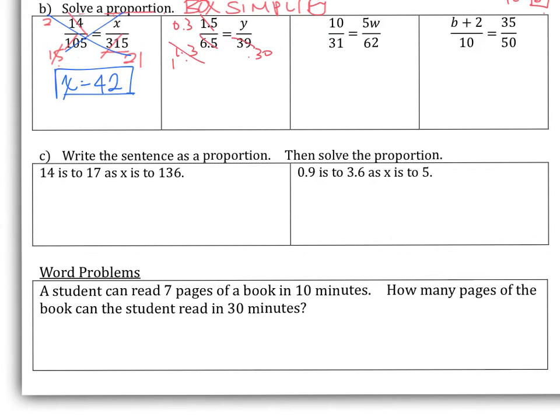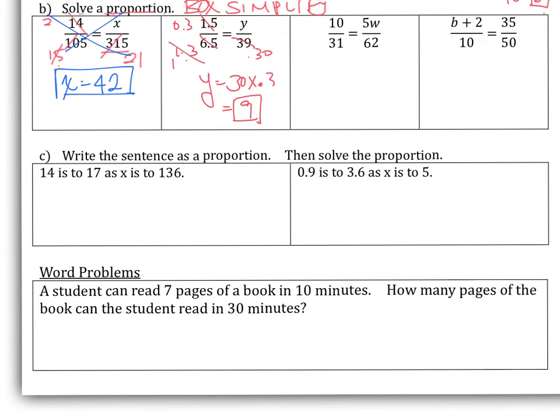Okay, and now we can simply say y equals 30 times 3/10, which is just 9.